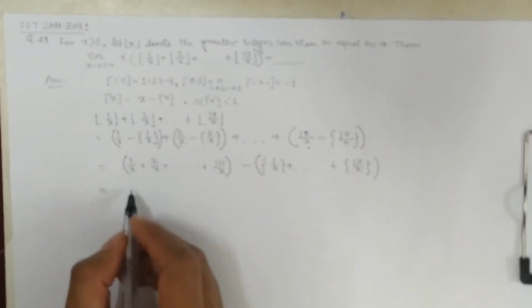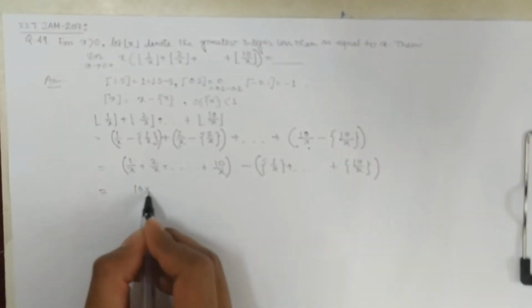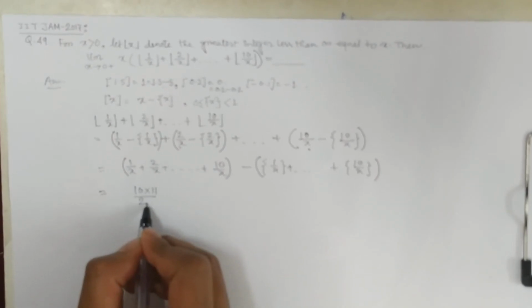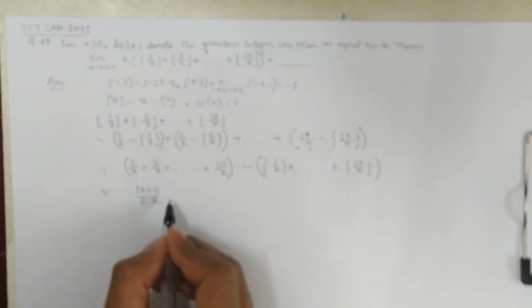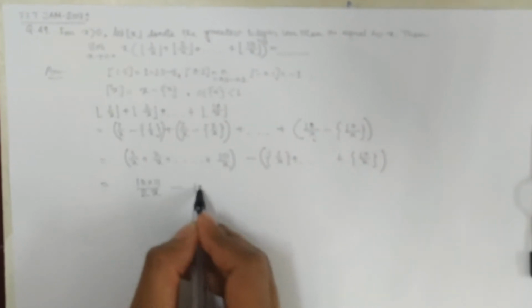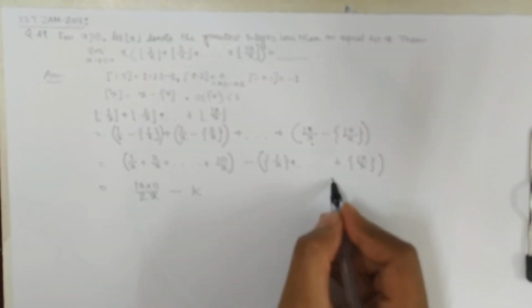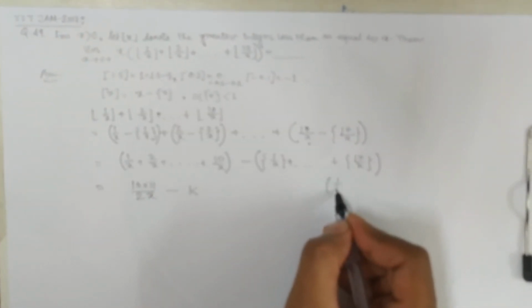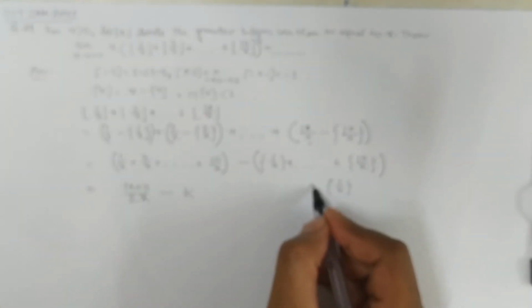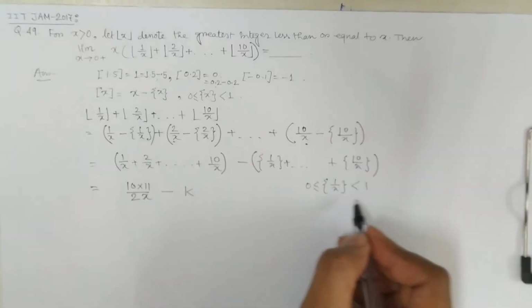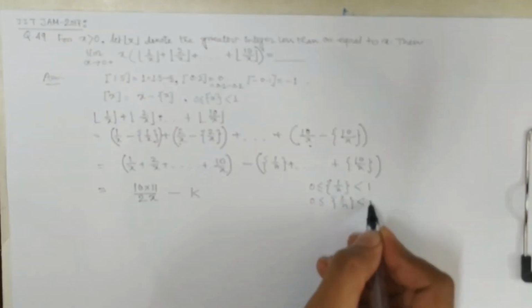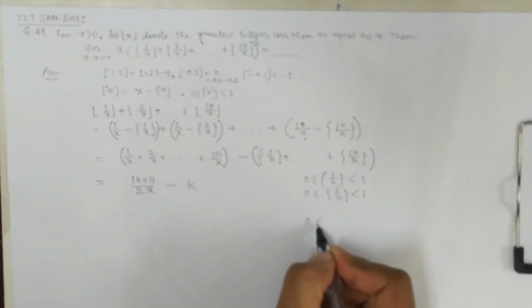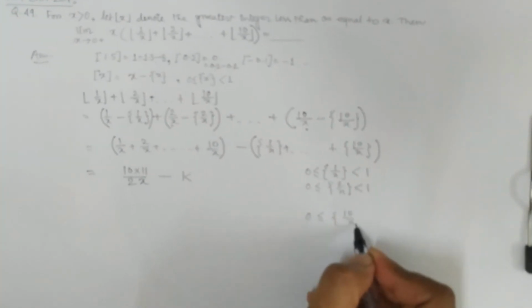Here it is 10 into 11 by 2x minus k, where k is the sum of the fractional parts. Each fractional part of 1 by x is between 0 and 1, and 2 by x is between 0 and 1, and so on up to 10 by x.